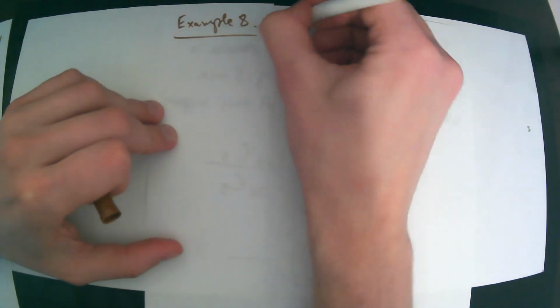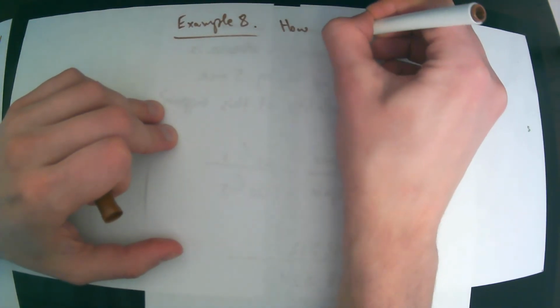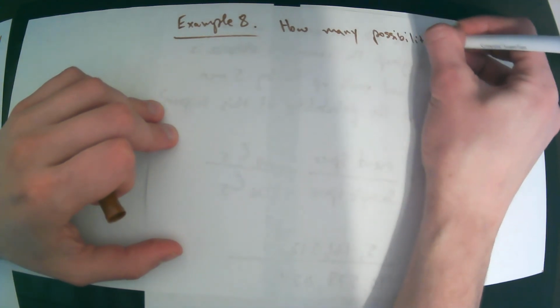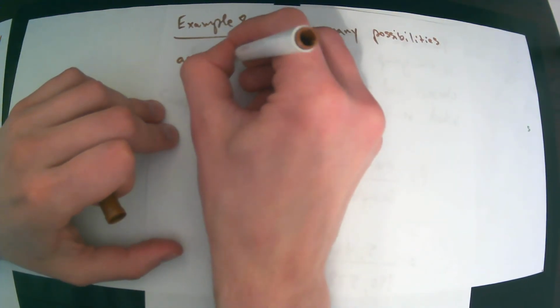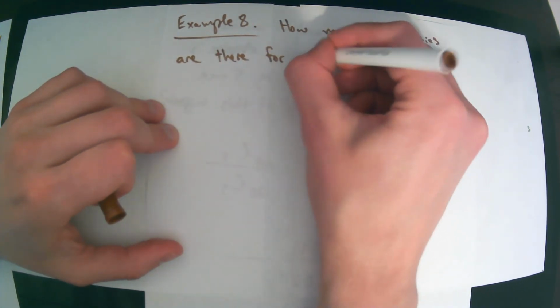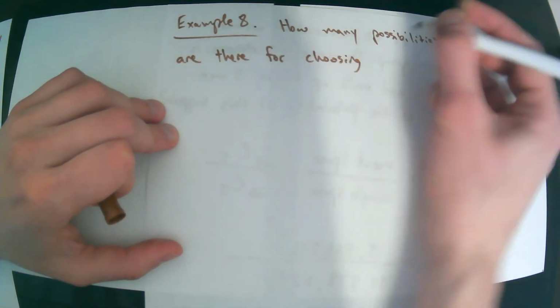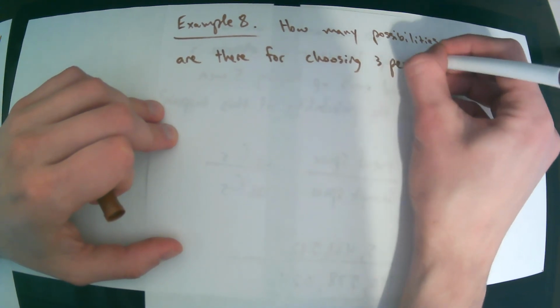So going back now to example 8, which says, consider a race with 140 participants. The number of possible outcomes for the top 3 positions is given by this or this. I want to change it again. I'm going to say, how many possibilities are there for choosing 3 people.